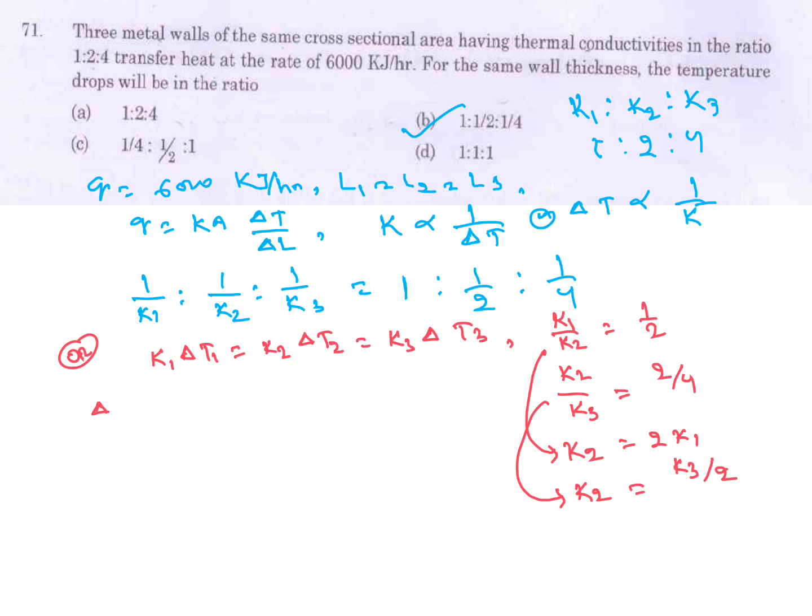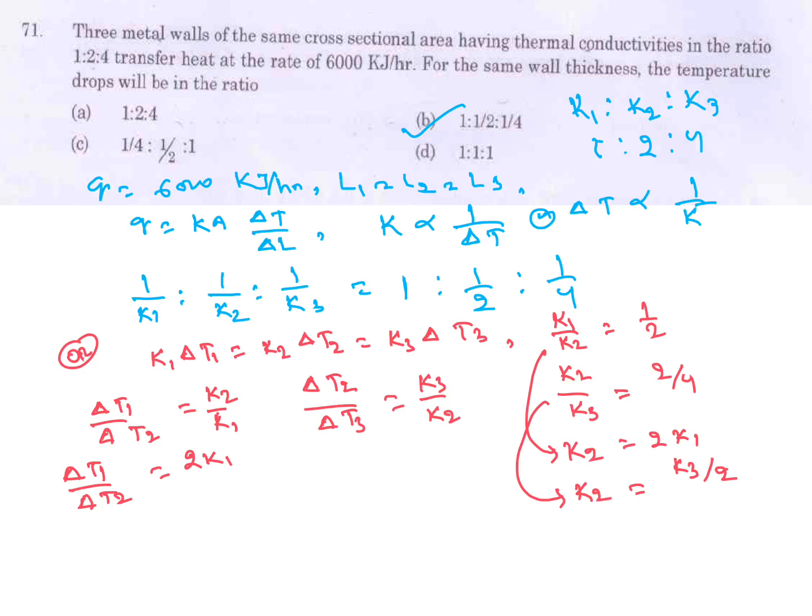So here delta T1 by delta T2 is K2 by K1, and delta T2 by delta T3 is K3 by K2. So here delta T1 by delta T2 is 2K1 by K1, it's 2.